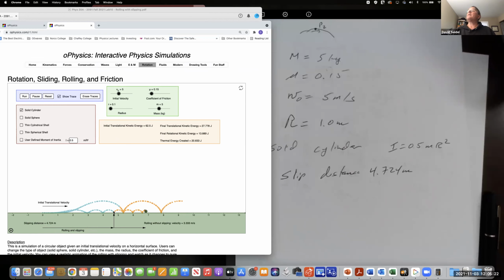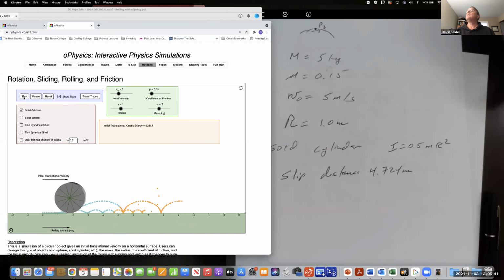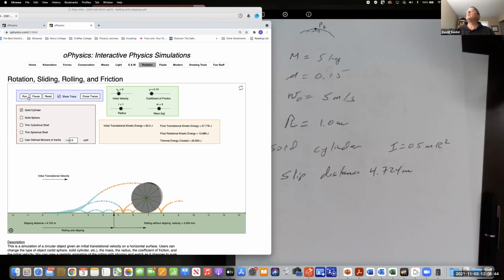Here, it made some full rotations, but here's my slip distance, 4.724. Let's go back to 1. Same slip distance. Note, this is the slip distance as the point of the center of mass.